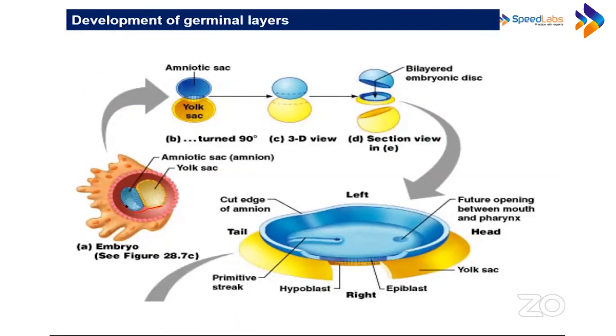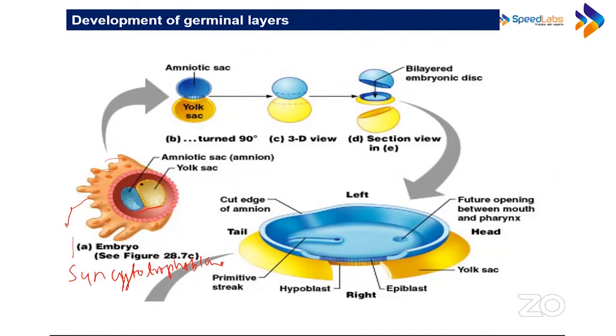Now this is a portion of the epiblast. What is this layer? This is syncytiotrophoblast, and this is cytotrophoblast. Inside it there is this disc, the bilaminar disc. This is epiblast, this is hypoblast.